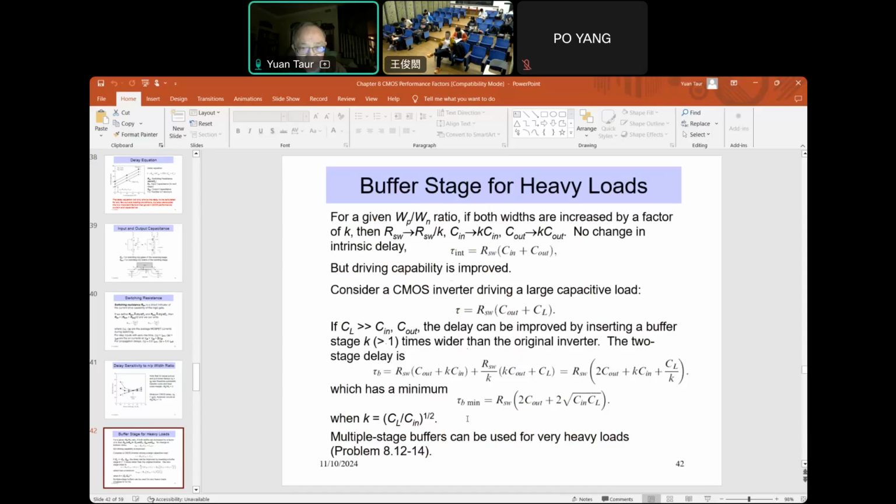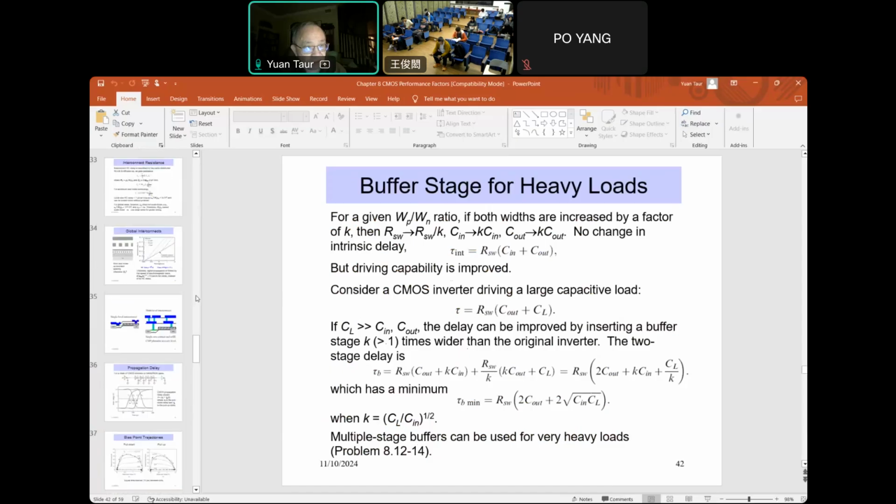So this kind of circuit is very widely used when the signal from a small circuit tries to drive either a long wire or go off chip to drive some large capacitance, and we use a so-called driver, multiple stage. Okay, and as it goes up, of course, we make sure that we use the folded layout.